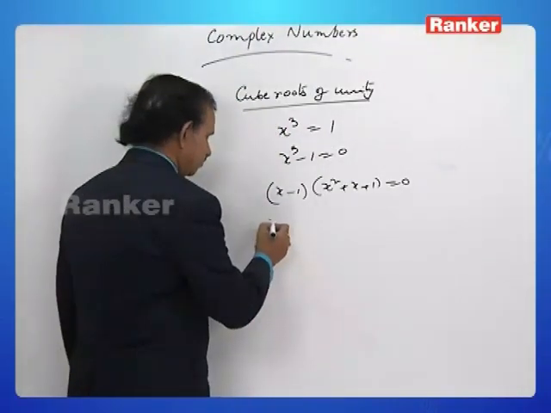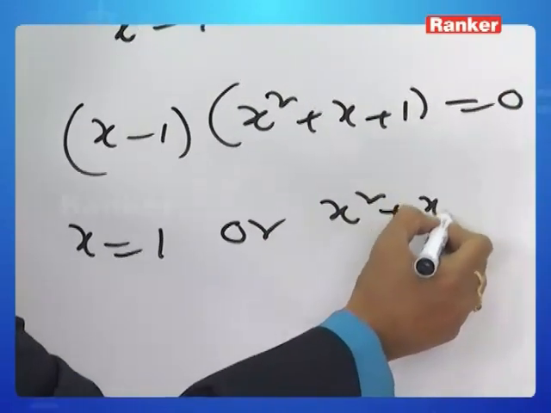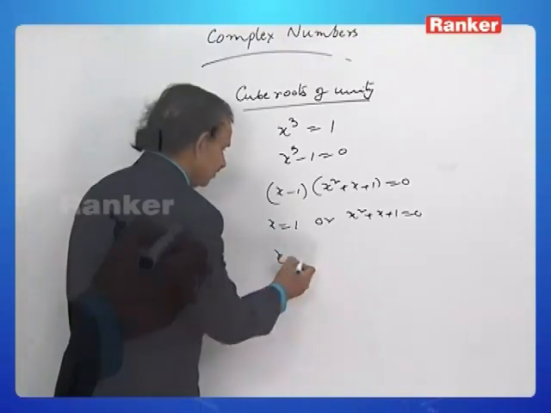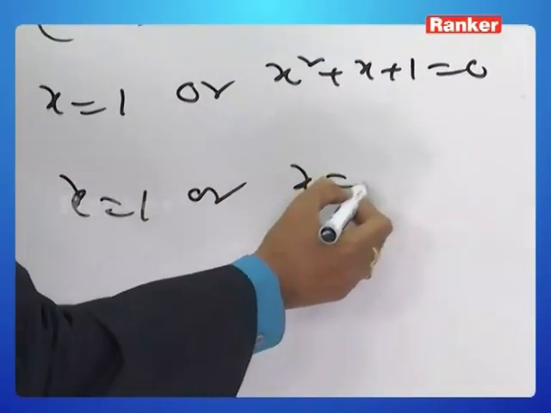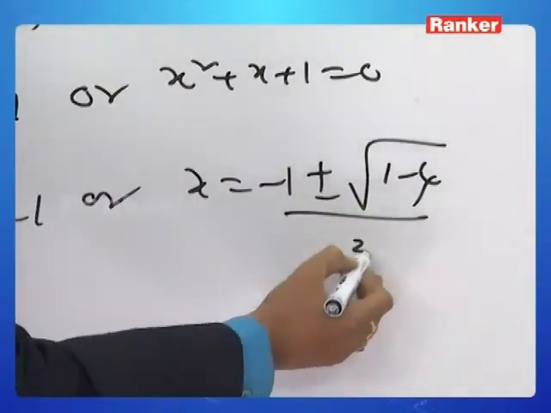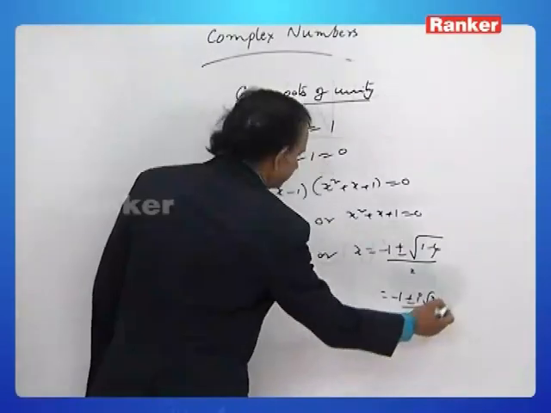Here, two things will arise. x is equal to 1 or x square plus x plus 1 is equal to 0. That is, x is equal to 1 or x is equal to (minus b plus or minus root of b square minus 4ac) by 2a, that is minus 1 plus or minus i root 3 by 2.